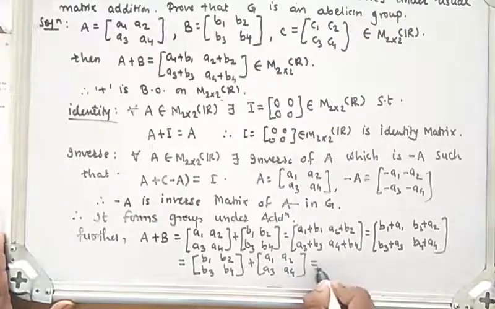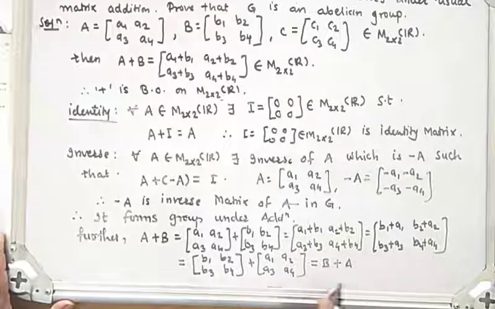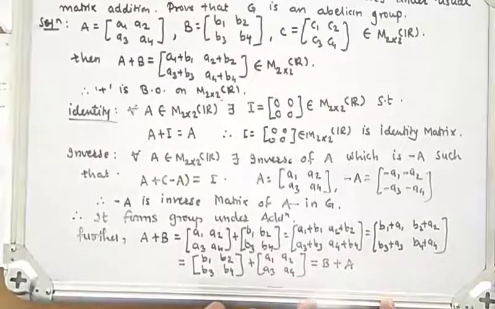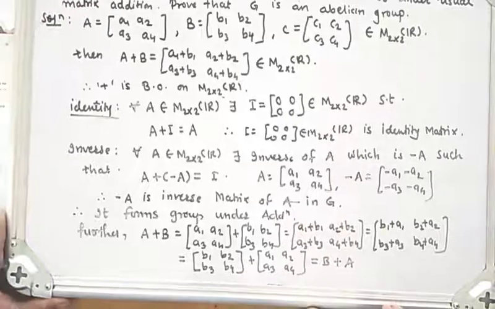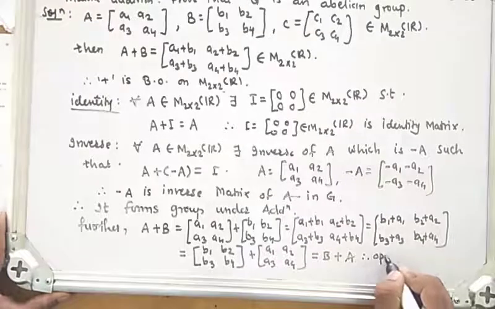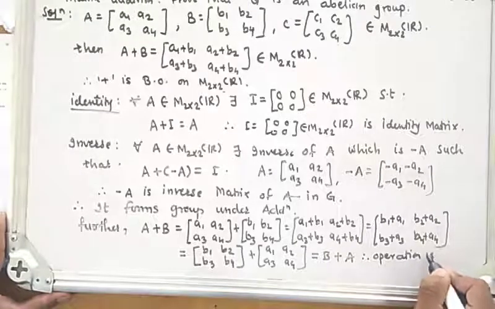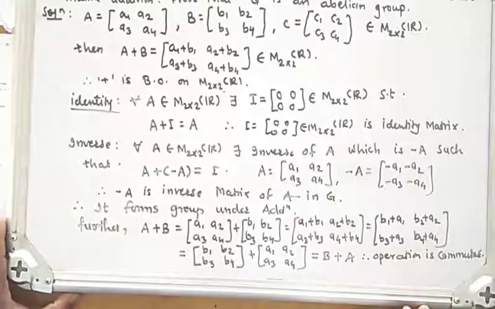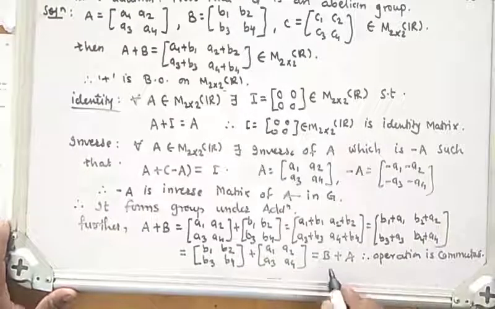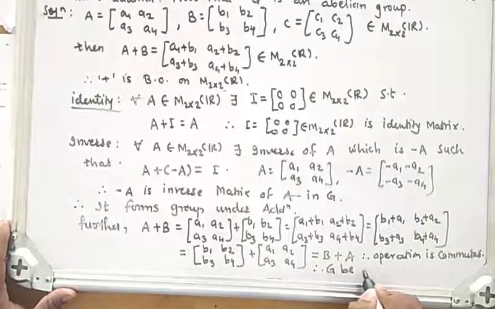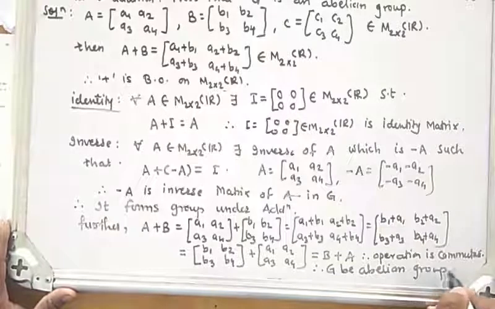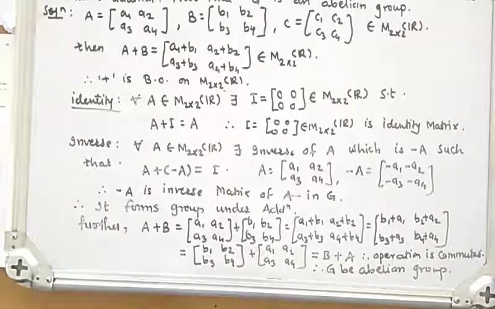This value is nothing but B and this value is nothing but A. Therefore we say A plus B is equal to B plus A. Therefore the operation is commutative, hence G is an abelian group. Hence the proof of the theorem example.